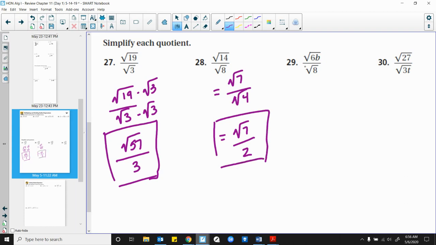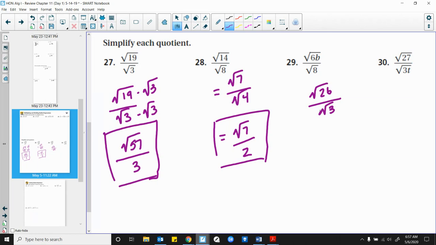Same thing for 16. Okay, I can simplify this radical 6b over radical 8, and I can simplify it into radical 2b over radical 3. Now I've simplified.